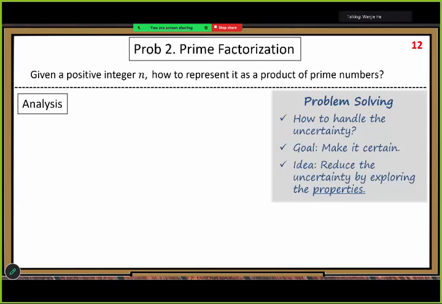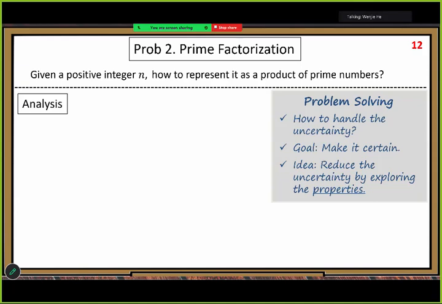Problem solving. When we look at the solution of this problem, prime factorization, we want to understand this uncertainty better.